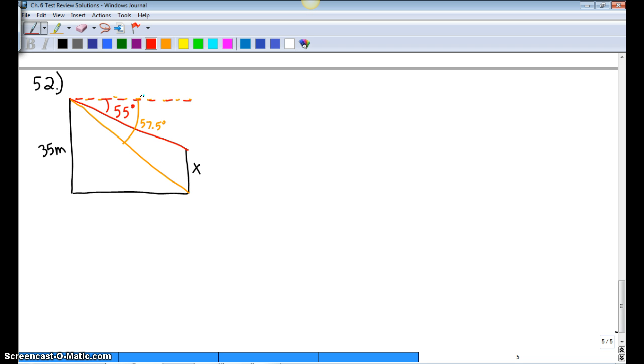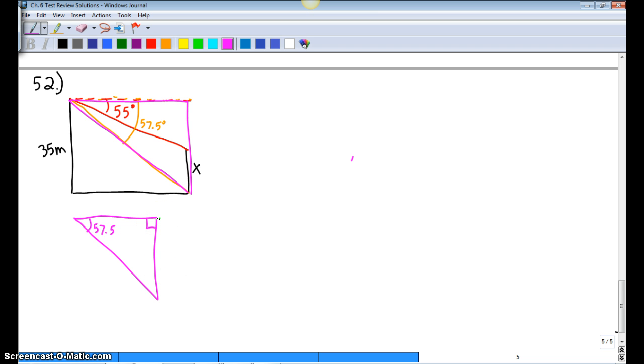Well, if we look at how we find our x in the end, it's really part of a bigger triangle. So let's pick bright purple here. If we make this triangle right here, the orange triangle, which I'm now making purple, that triangle looks like this. 57.5 here, 90 here.